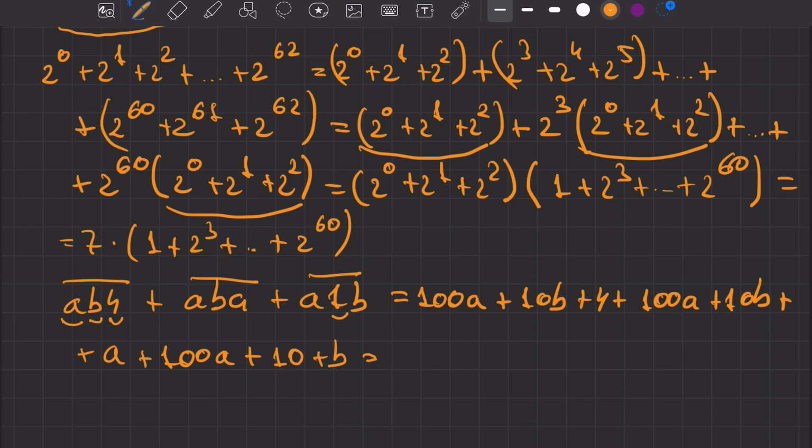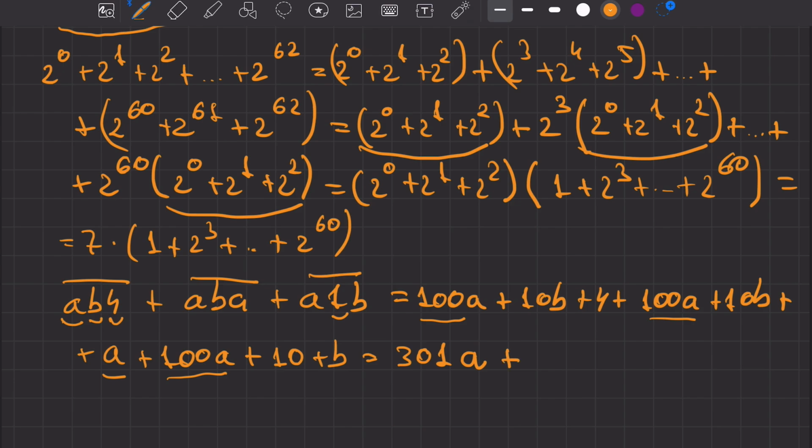And now let's find a way to group the terms so that we can see whether it's a multiple of 7. Let's start with the hundreds, and we can see everywhere it has A. So let's group the A's. We have 300 and another A from here, and we have 301A plus.